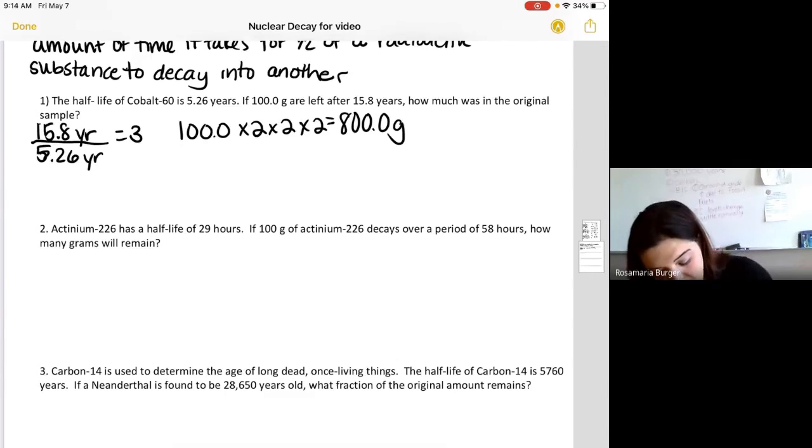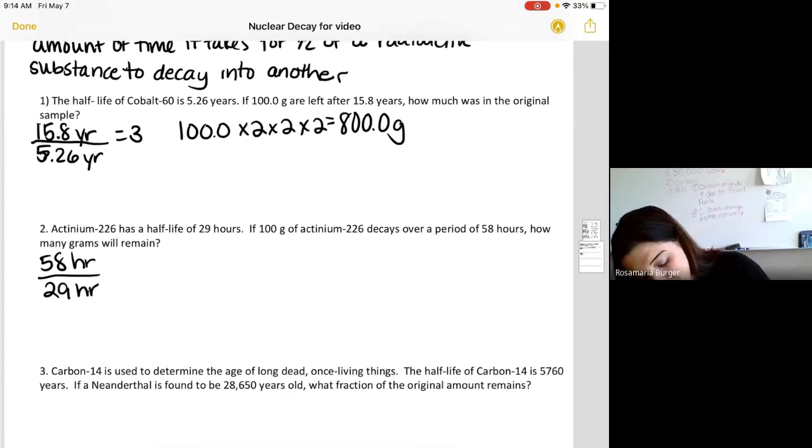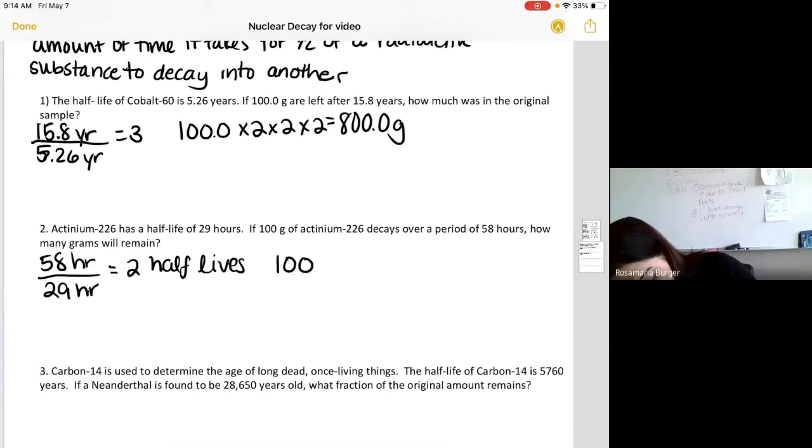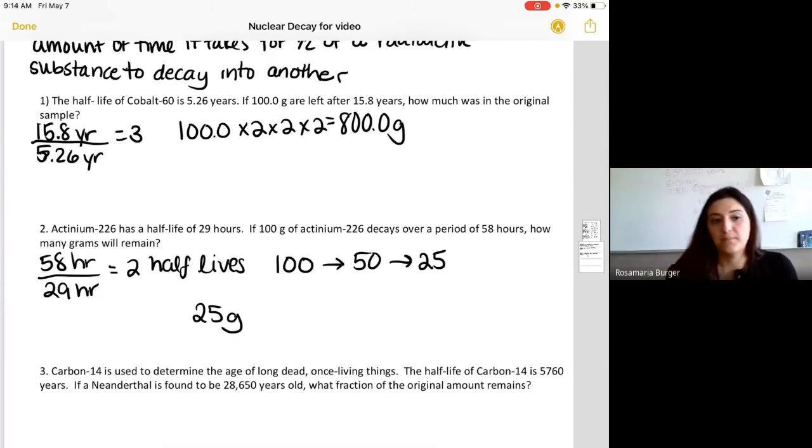So 58 hours have passed and the half-life is 29 hours. So it's 2 half-lives. So we're going to take our 100 grams and cut it in half twice. So we're going to have 25 grams remaining.